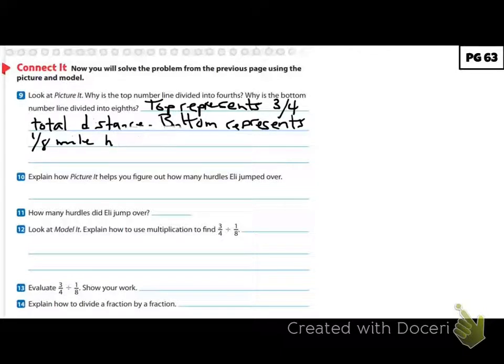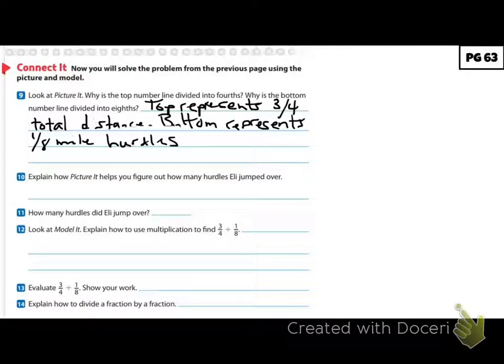Let's try this again. Hurdles. It'd be really nice if I could type into this, then you guys could read my handwriting. That says top represents 3/4, which is the total distance, and the bottom represents the every 1/8 mile hurdles.